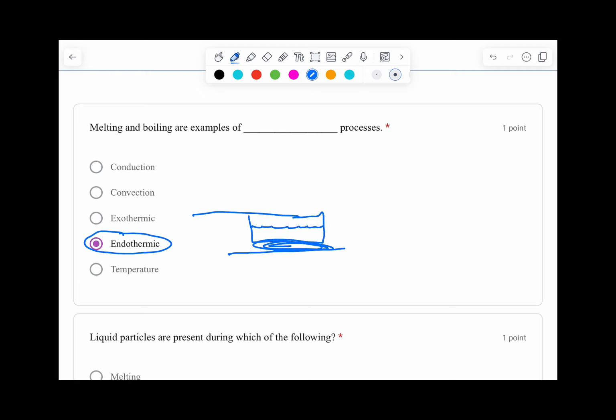If I want this water to boil, I have to put energy into this pan in order to get the water to boil. If it's an ice cube sitting in here, it's the same thing. If I want this ice cube to melt, I have to put energy into it. As a result, this system is endothermic.